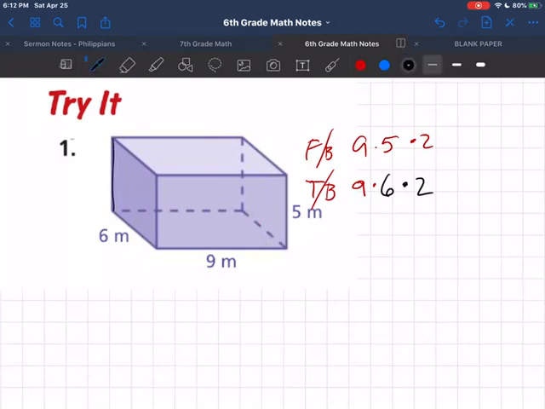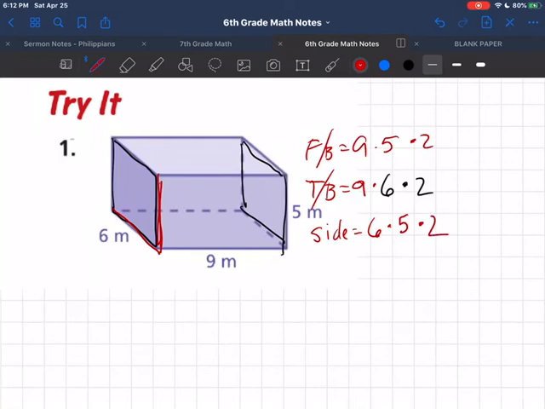So my sides are there and over here. And they are also the same, okay? And they are 6 by 5. So sides equal 6 times 5, and there's 2 of those. So then you would multiply those together and add them up, right?